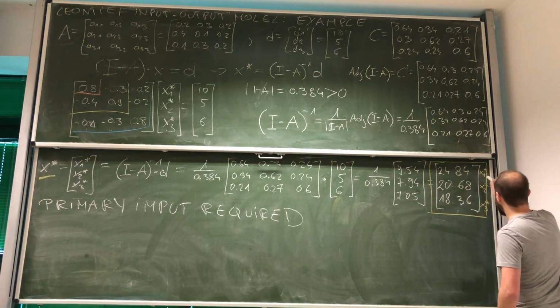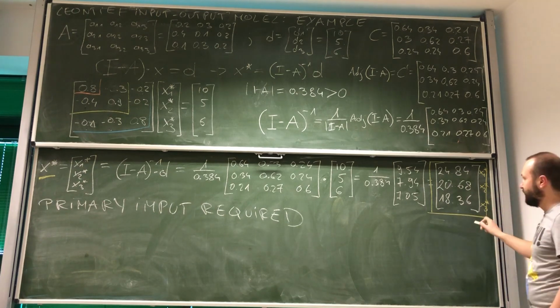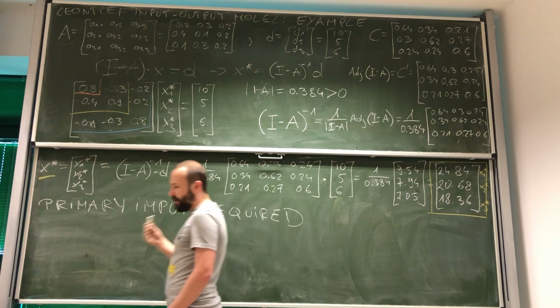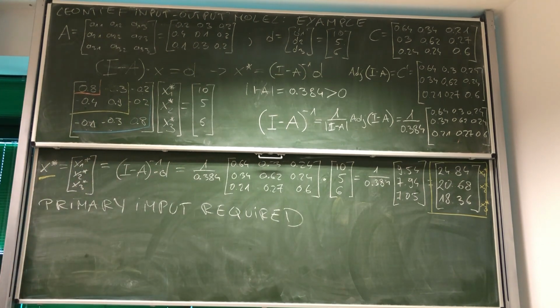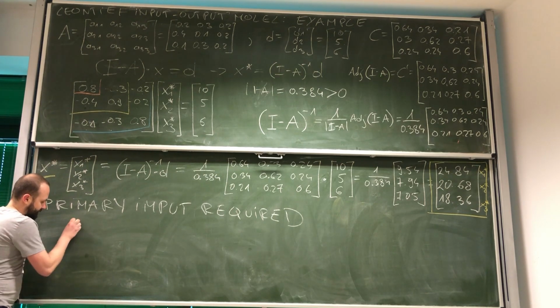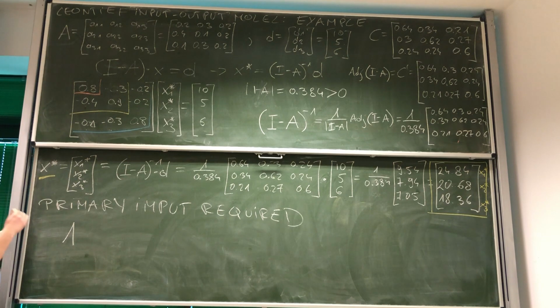We've got x1, x2, and x3, right? But remember, they are simply levels of production of good 1, good 2, and good 3. How much was going to the primary input in the first sector?